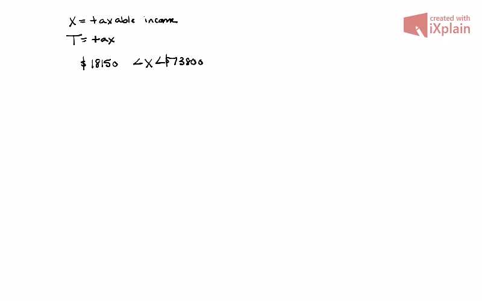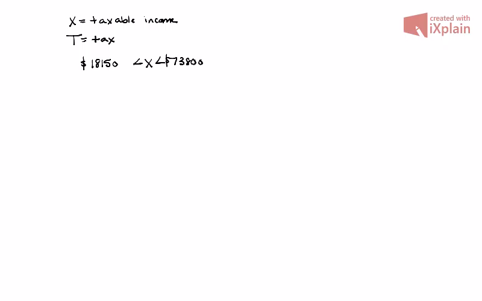So again, we didn't actually get too far into the lesson, and we're already building on the skill set that we had discussed earlier in a previous video. So if you go back to that table, if we have income that is in between $18,150 and $73,800, we basically have to tax in the following way.